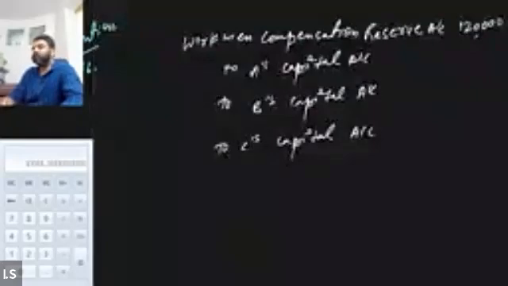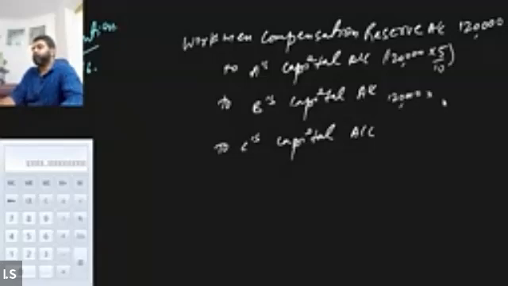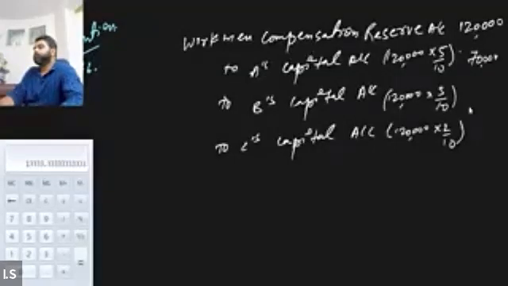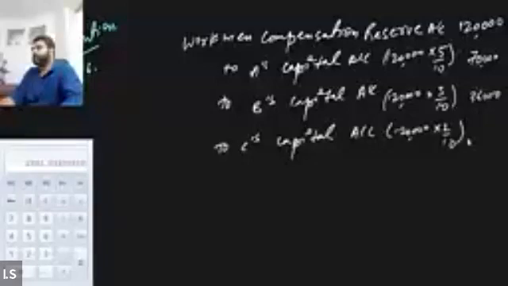So for A it is 1,20,000 into 5/10, for B it will be 1,20,000 into 3/10, and for C 1,20,000 into 2/10. So it will be 60,000, then 36,000 and 24,000.